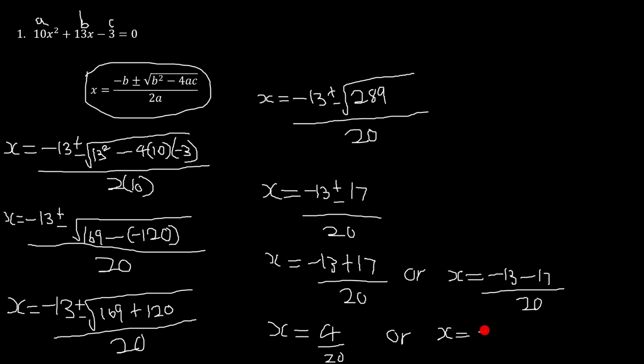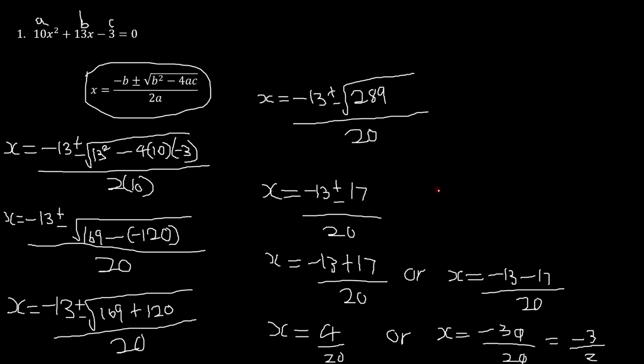So the 0 will cancel 0 here, and it will be minus 3 all over 2.